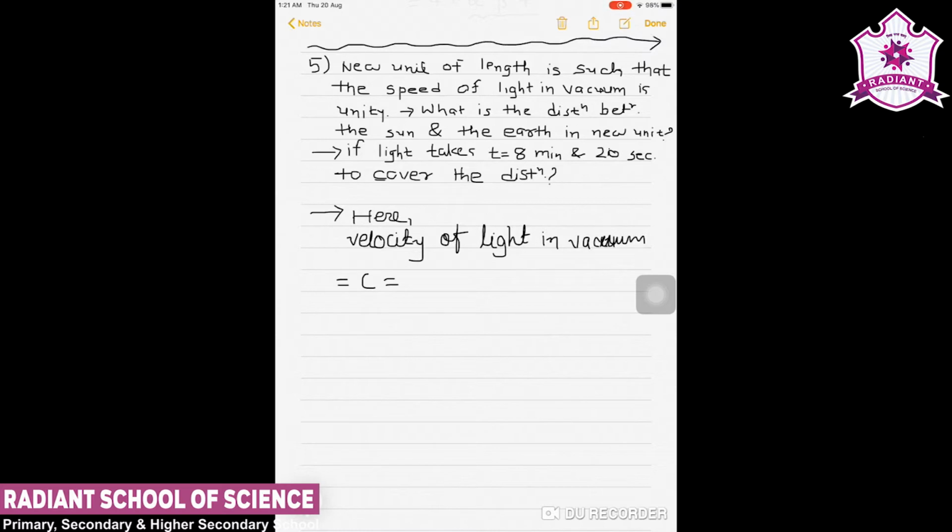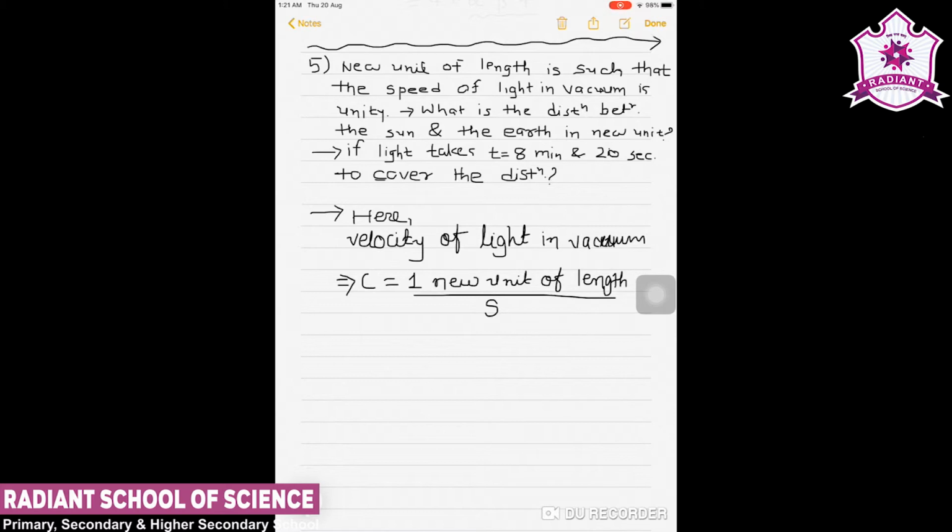But over here what is that? Here it is equal to 1 new unit of length upon second, that is speed is equal to distance upon time.